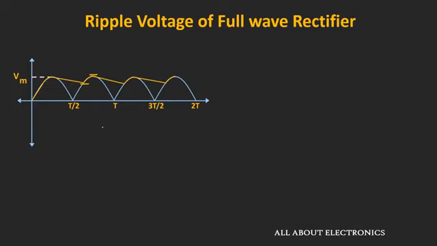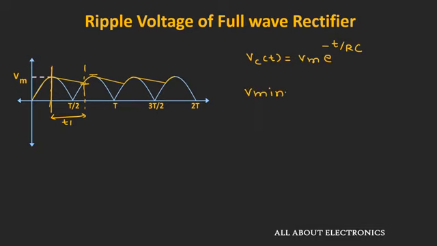For finding that value, let us assume that this time is equal to t1, which is the time required by the capacitor to go from the maximum to the minimum value. During the discharging of this capacitor, the voltage can be expressed as Vc of t is equal to Vm times e to the power of minus t divided by RC. If you put the value of t as t1, then we will get the minimum value of this ripple.